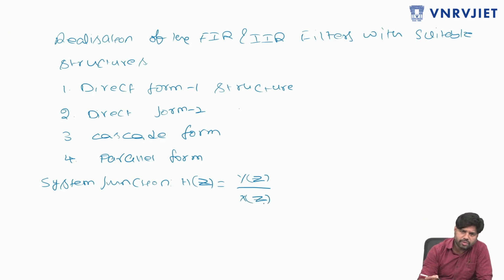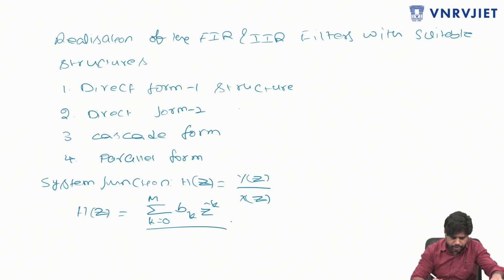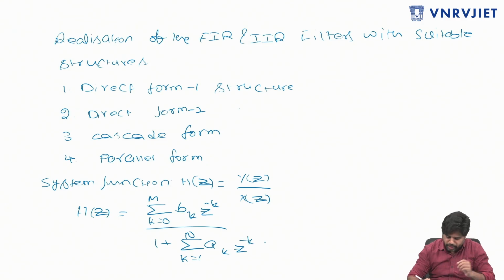Now we see the system function to implement these filters. This system function will be defined as H of Z equal to sigma k equal to 0 to M, b k z power minus k, divided by 1 plus sigma k equal to 1 to N, a k z power minus k.